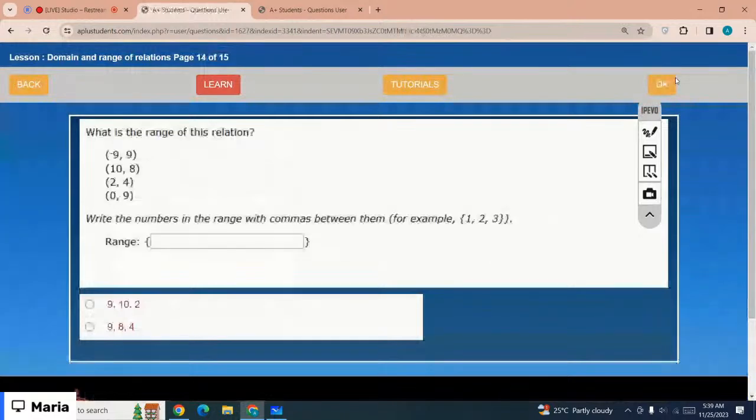What is the range of the relation? That is -9, 10, and 2. Option number 1 is the correct option.